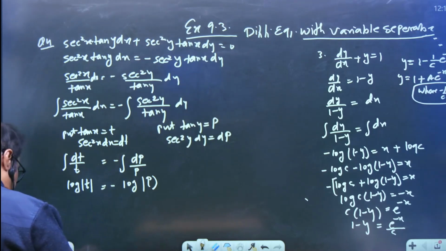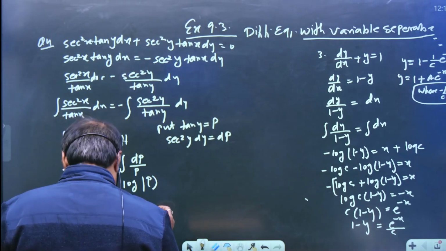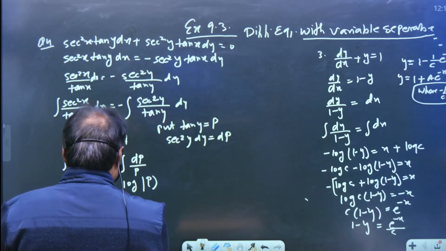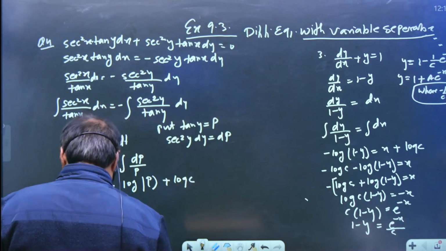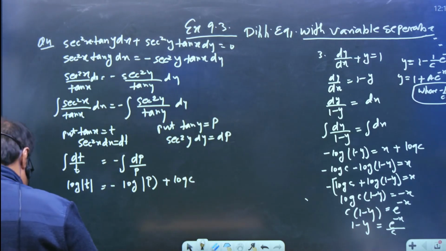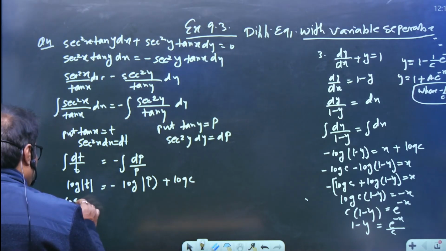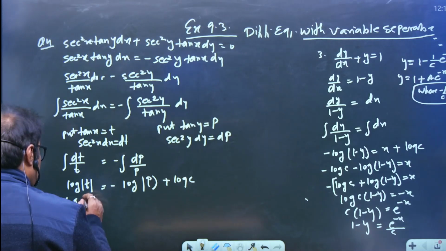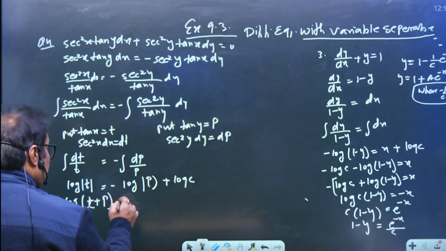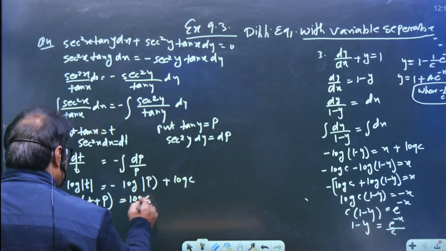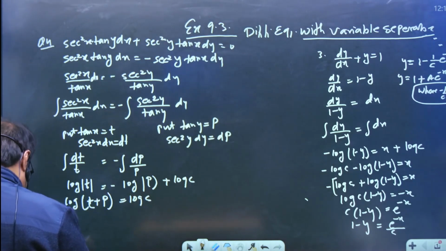Plus c, but in terms of log, because both sides are log, we can take log of c. So this is log of t plus p is equal to log c, and now put the value of t and p and remove the log from both sides.